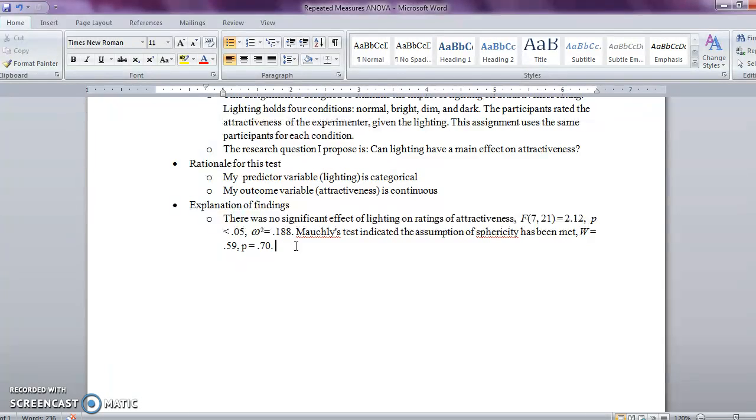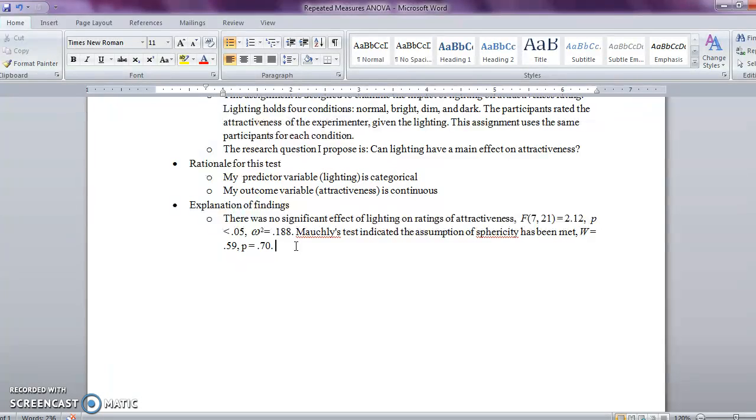There was a greater attractiveness rating for the dark lighting condition. I could not get that out for some reason. My brain is being weird today. Anyways, that's pretty much what we found with our descriptive stats, our box plot, and our bar graph.